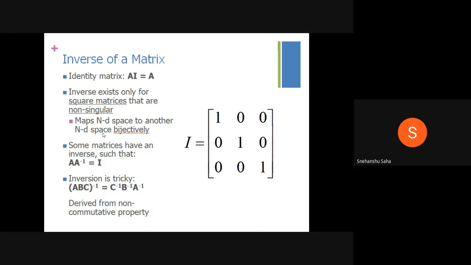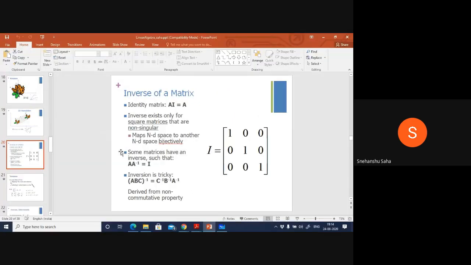I think in school and first year of college, the way you have understood inverses is that if I give you a matrix, you compute the determinant of the matrix, and if you see that the determinant is non-zero, then you say that the matrix has an inverse. Nothing wrong in that. The only problem is the determinant approach is not encouraged for a bunch of reasons. Now since we have been talking about linear transformations, let me go back to the whiteboard.